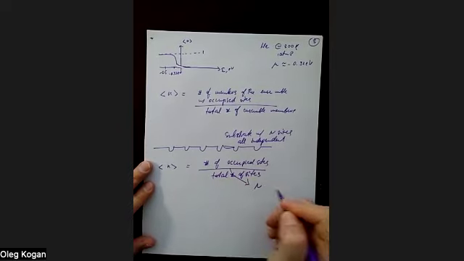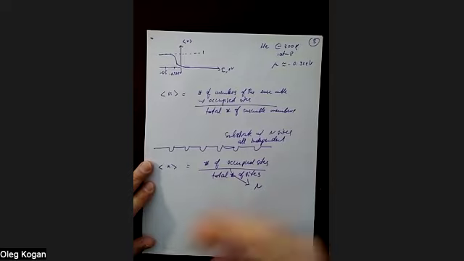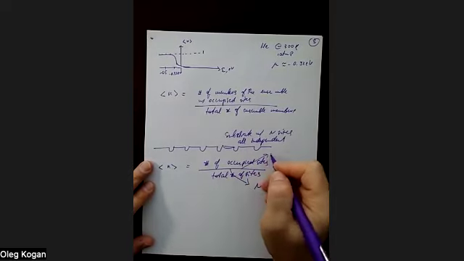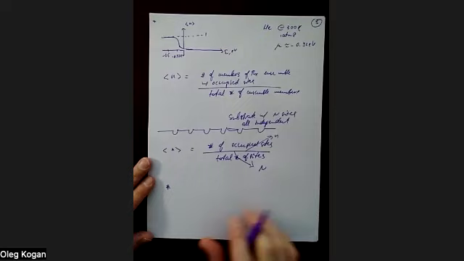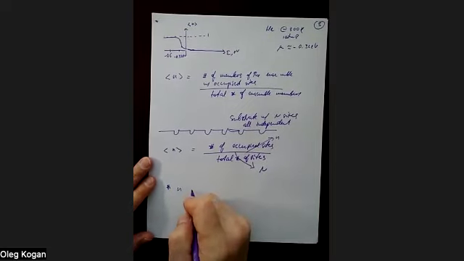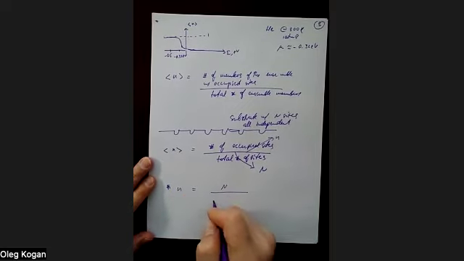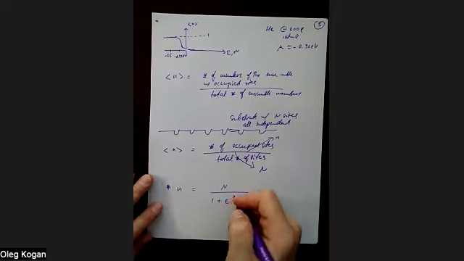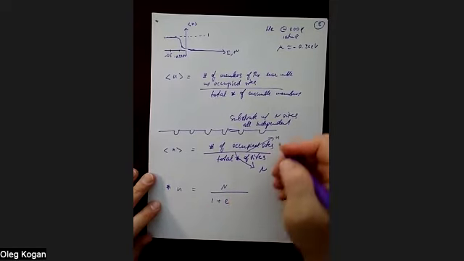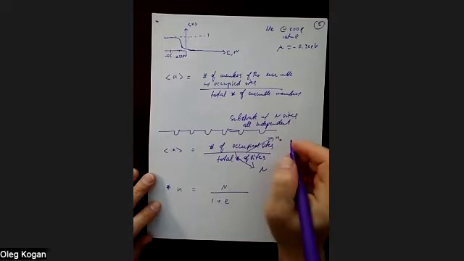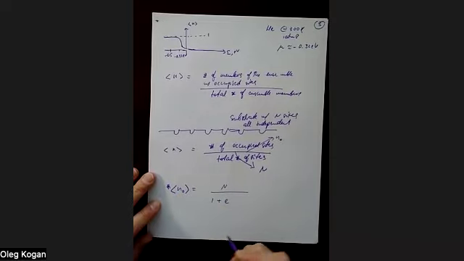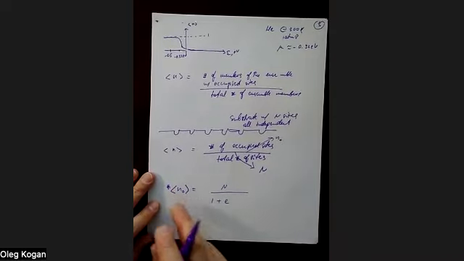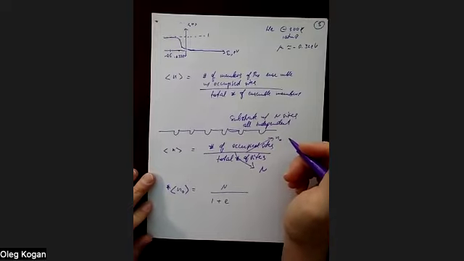I use the letter N here, like big N, the total number. And so let's call this little m. Okay, so therefore, the number of occupied sites is N over 1 plus e to the beta (epsilon minus mu). Let's call it N_O, number of occupied sites. I really should still use angle brackets, because this is the average over N-site substrates.